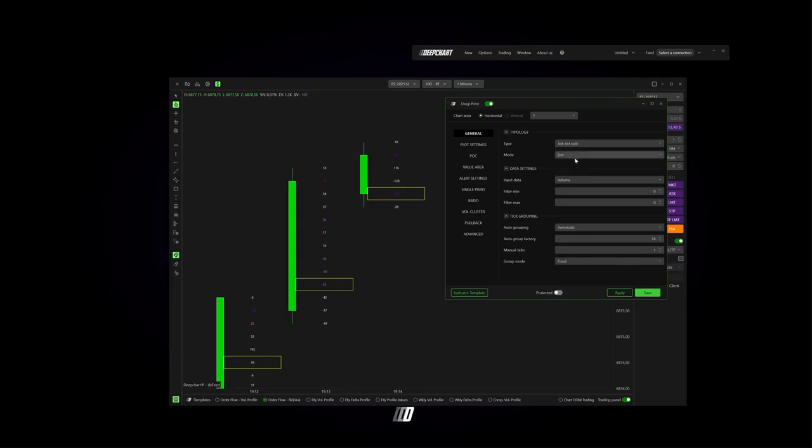So the difference between total volume, ask bid, and delta is the total volume is simply doing this number plus this number. Delta is doing this number minus this number. That's it. Super easy. So 81 plus 110, let's put volume.